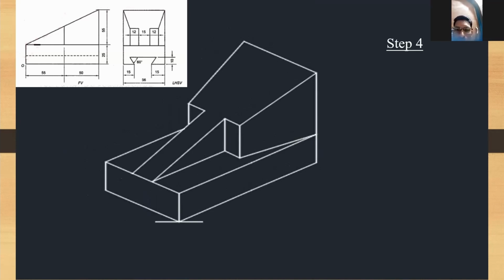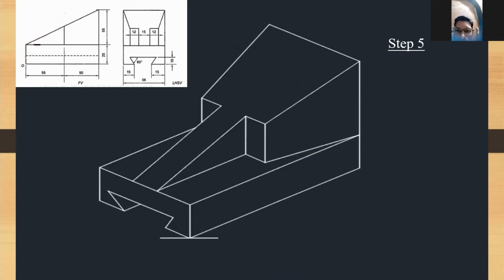Now for the base, as shown in the left hand side view, select the end point of the line, enter 10 mm, and copy the 10 mm line. Draw the line 50 mm from both the ends as shown in the first view.